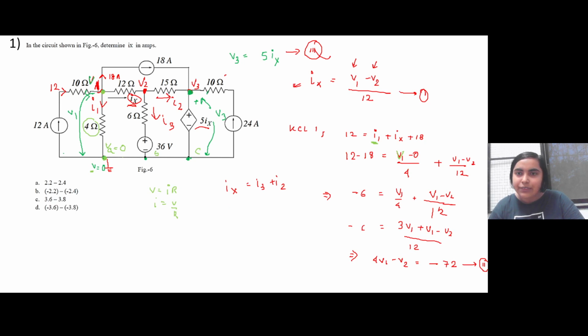Now what is Ix? We already have from equation 1, (V1 minus V2) by 12. And what is I3? I3 is this voltage minus this voltage divided by this resistance, because there is a resistance connected in this branch.